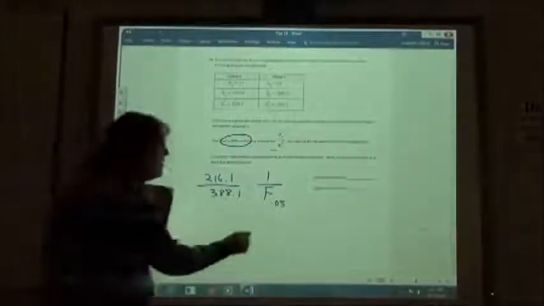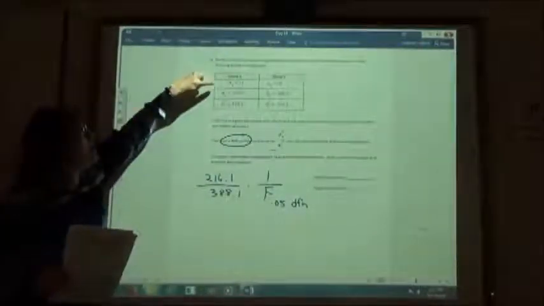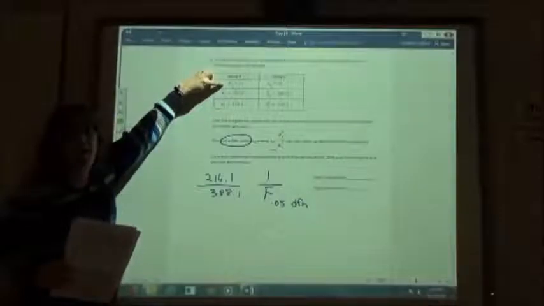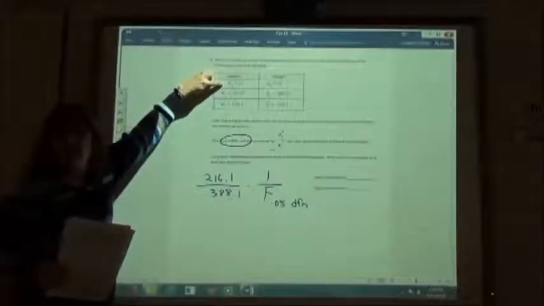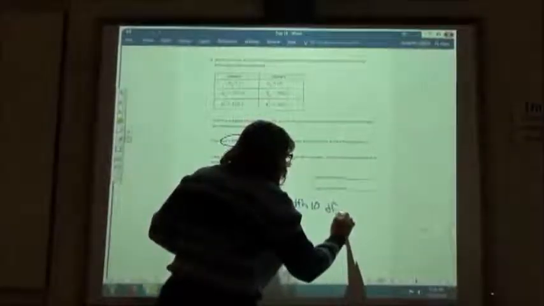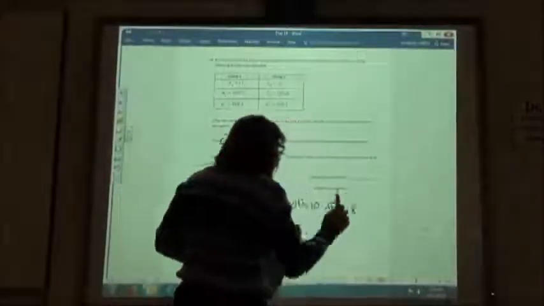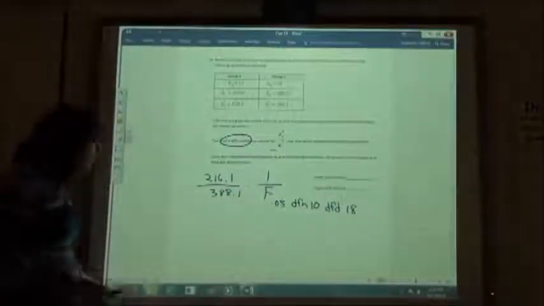The degree of freedom in numerator is our number for group 1 minus 1. So since we had 11 here, 11 minus 1 would be 10. Our degree of freedom in our denominator. Group 2, we had 19. 19 minus 1 would be 18. So there would be our first formula.